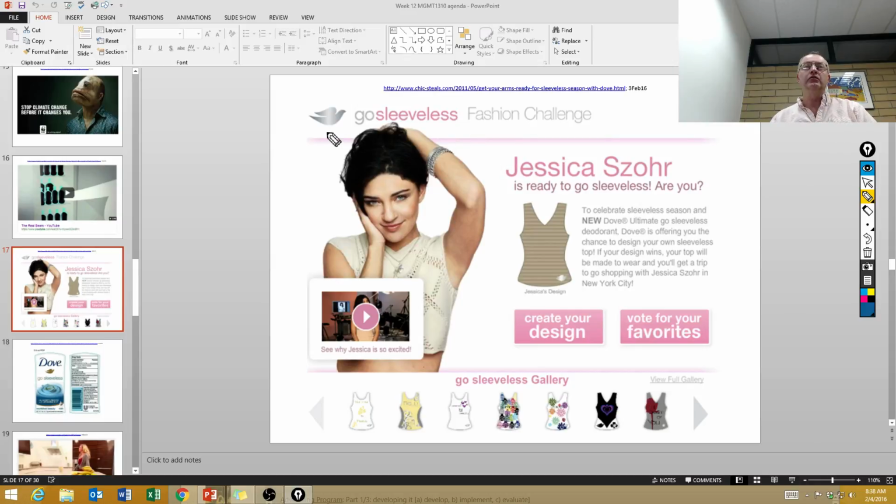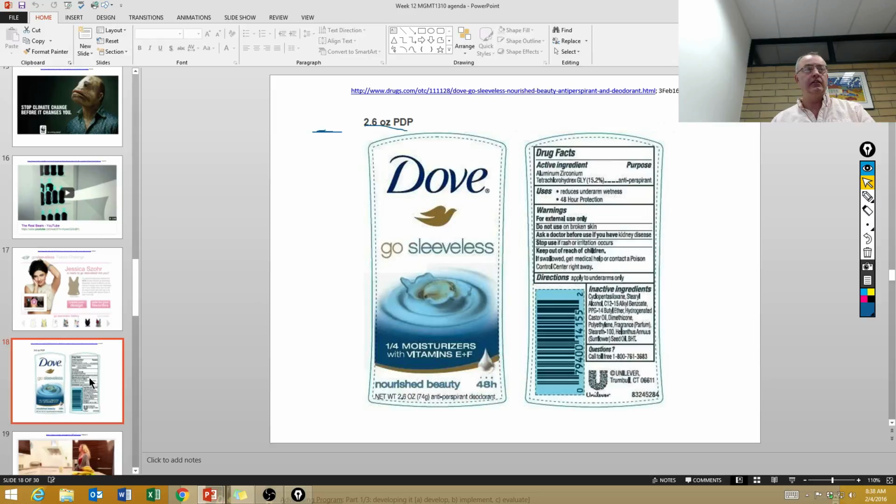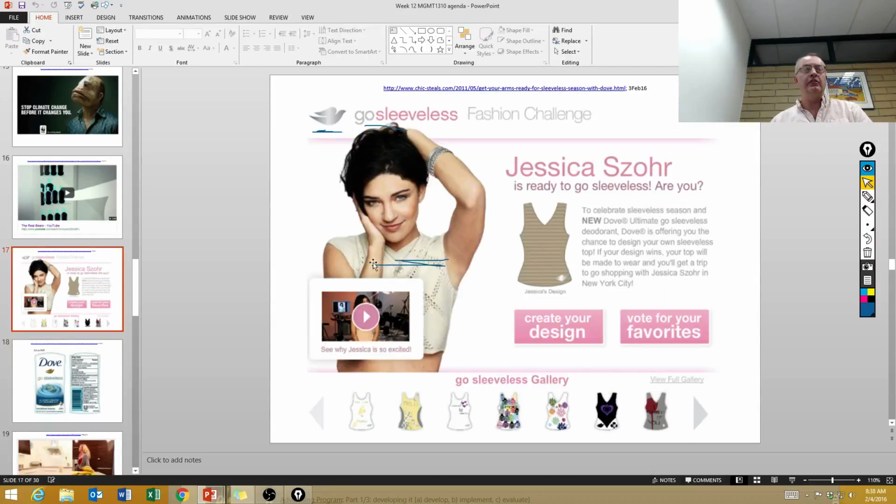And so Dove, this is Dove soap people, had an ad campaign a couple years ago called Go Sleeveless. They called their product Go Sleeveless. So it's a women's deodorant based on subtly referring to this fear of body odor.